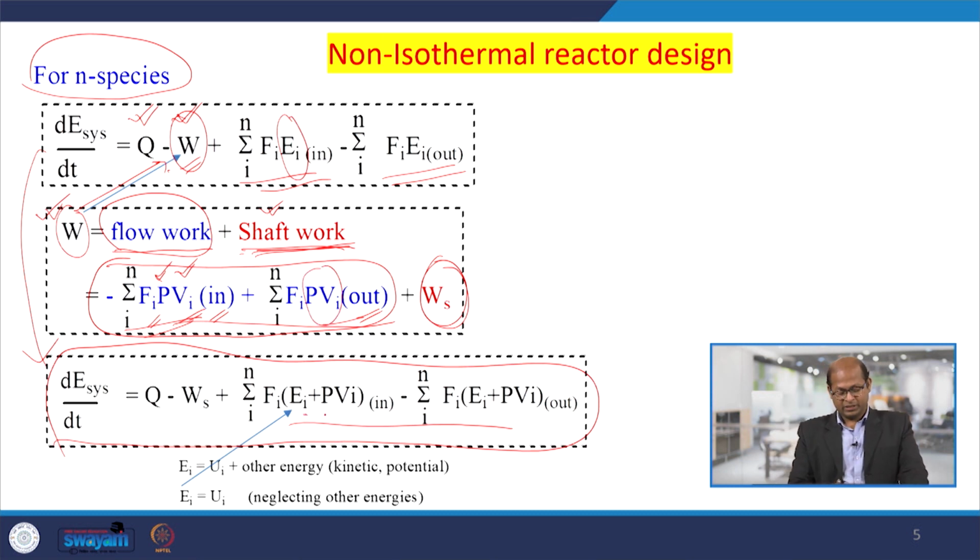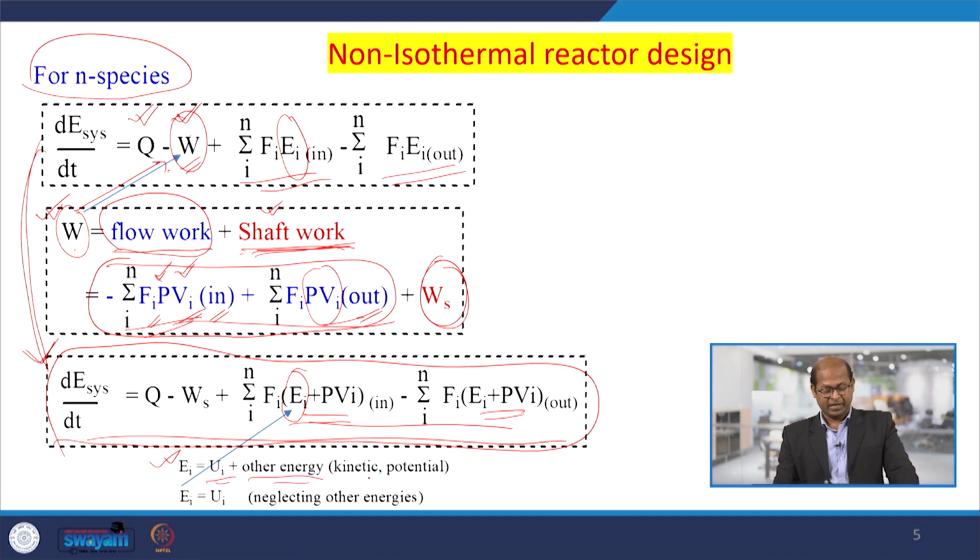After substituting W here and rearranging, we can write the equation this way. Here Ei is Ui, the internal energy, plus other energies, which may be kinetic energy and potential energy. If we neglect these components, then Ei equals Ui.